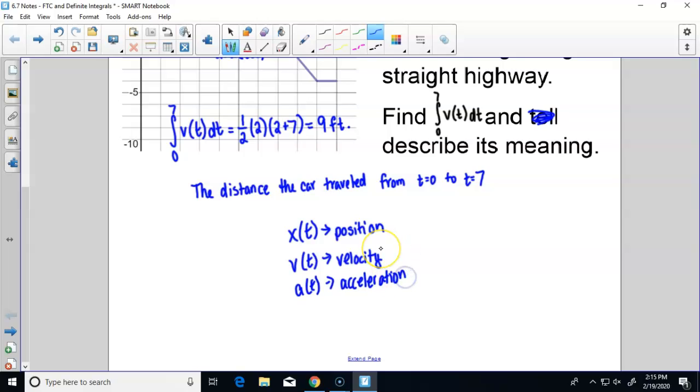And we did several of those problems where we had like a position function and it would maybe ask you when the particle was at rest, what the acceleration was at this time, those sort of things. But whenever we first did these problems, we only knew how to take derivatives. And if we take a derivative, that will get you to the next line, right? If we take the derivative of x of t, we get v of t. If we take the derivative of v of t, we get a of t.